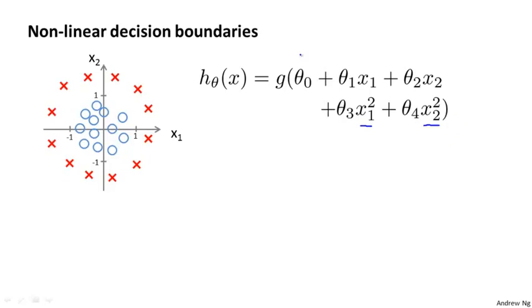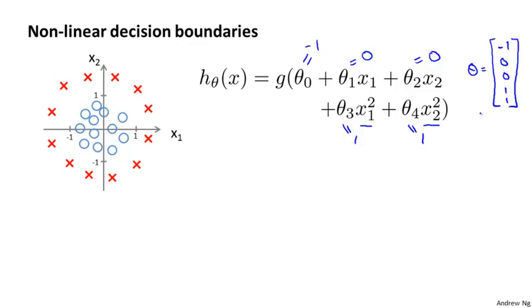But let's say that via a procedure to be specified, I end up choosing theta 0 equals -1, theta 1 equals 0, theta 2 equals 0, theta 3 equals 1, and theta 4 equals 1. What this means is that my parameter vector theta looks like -1, 0, 0, 1, 1.